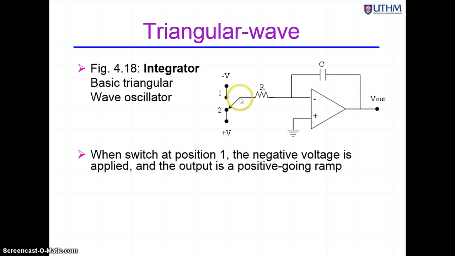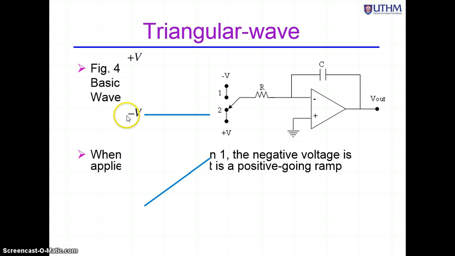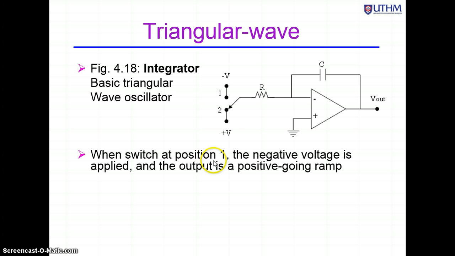First, when the switch is at position 1, you are connecting the input to a negative value, so at the output section you'll have a positive going ramp. A negative input, meaning that you are in position 1, gives a positive going ramp.